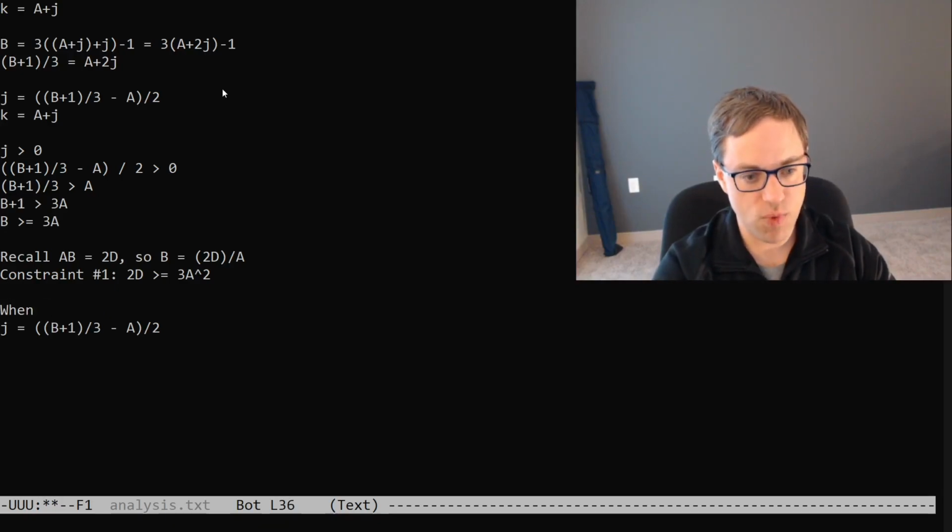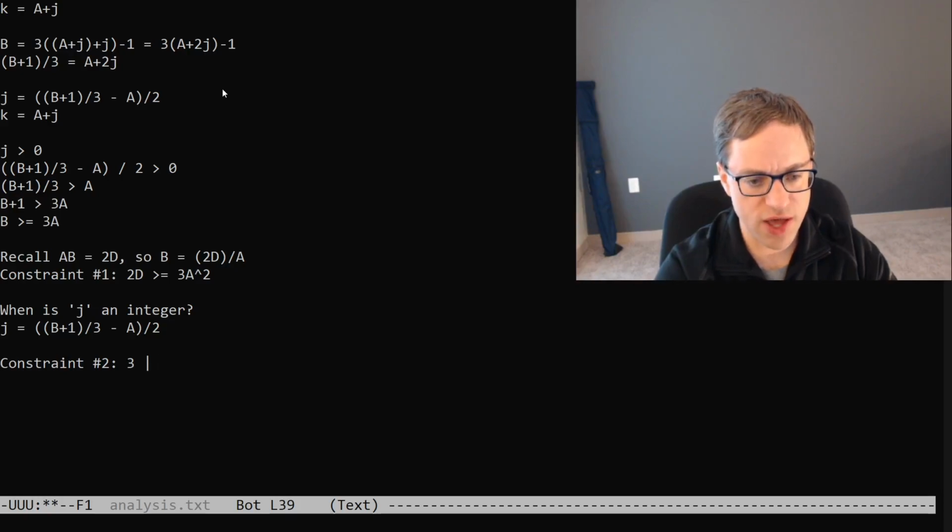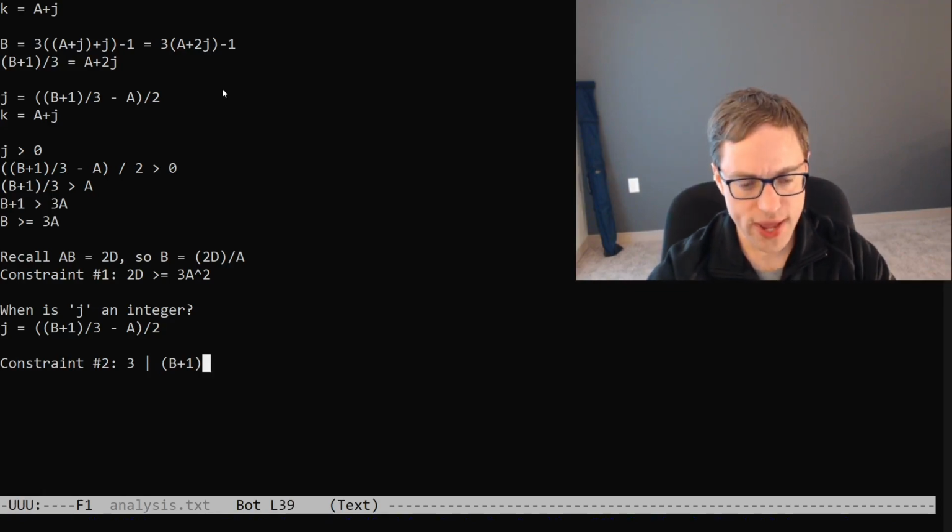So let's say, when is j an integer? And so we'll say constraint number 2, 3 divides b plus 1. Okay. And the other constraint is going to be that we have to be able to do this division by 2.